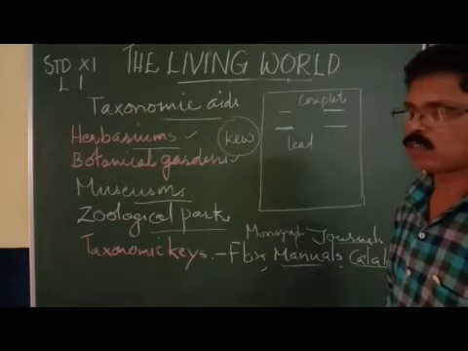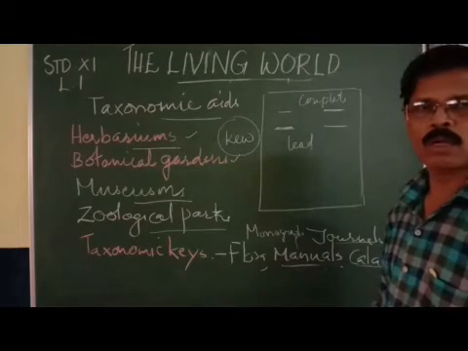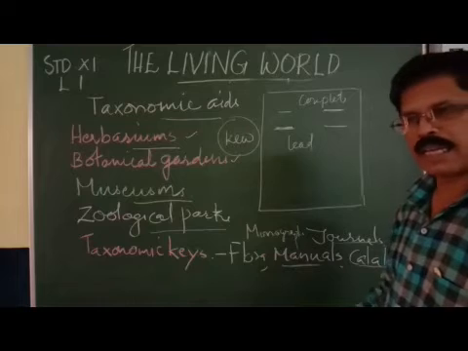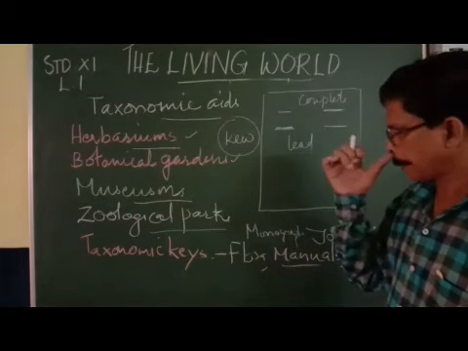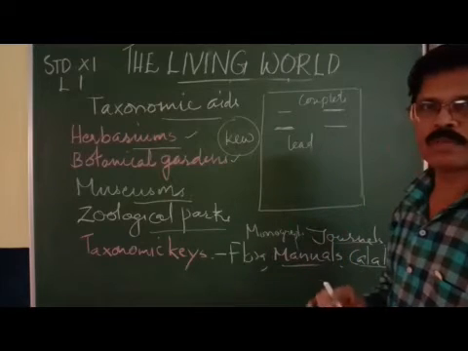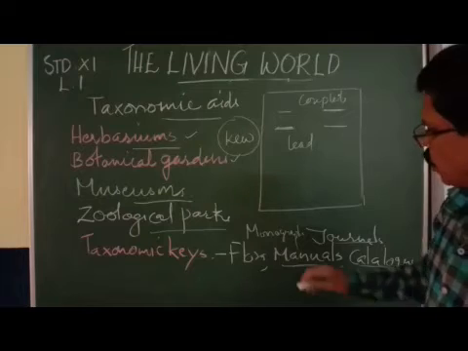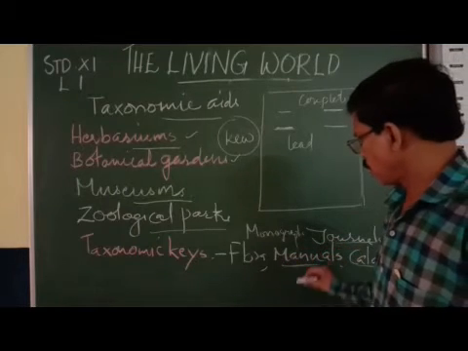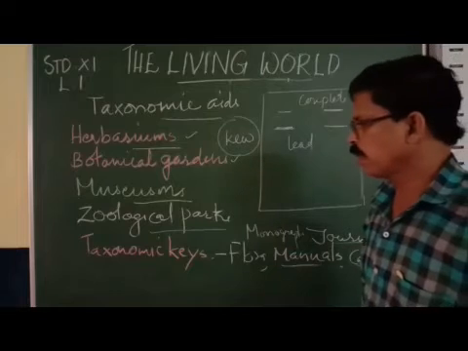We can select the right option, then it is a lead. Then we will be led to the next page or next option. Then again it will lead, and finally we will arrive at a particular organism which we identify as a type. So a monograph, journals, flora, then manuals and catalogs are different types of taxonomic keys.